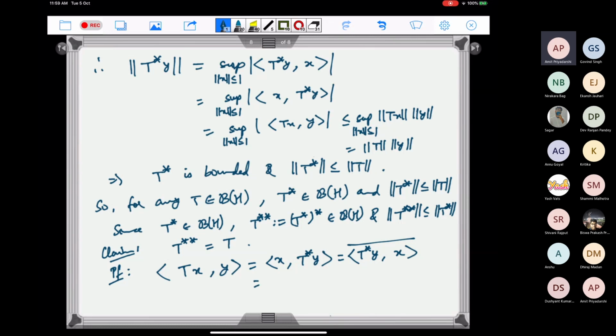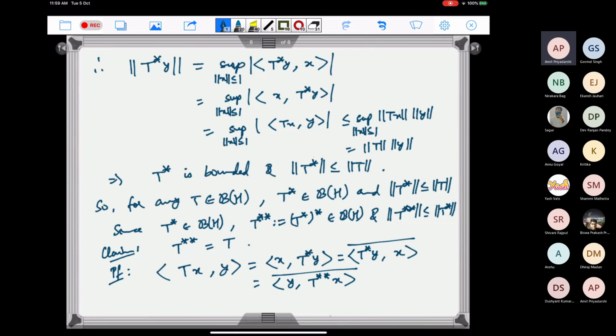So this is equal to the complex conjugate of Y inner product with T star star of X, right? Because if we had T here, then it goes to T star Y here. So we have T star here, then it will become T star star.